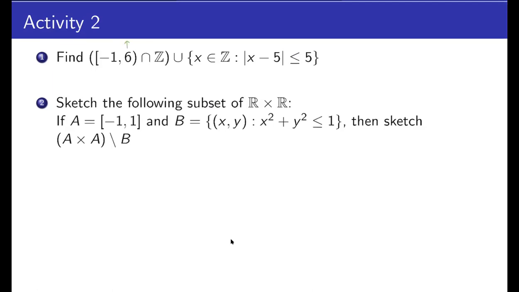What's this set? What's this going to give me? I mean everything in the bracket. What's that going to give me?